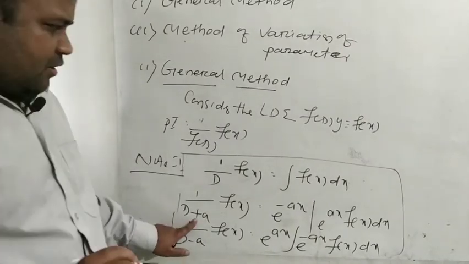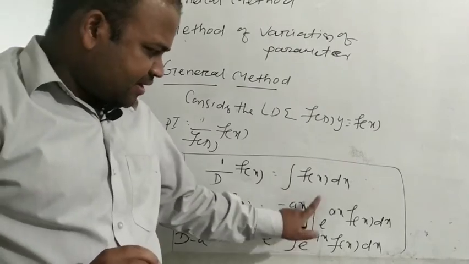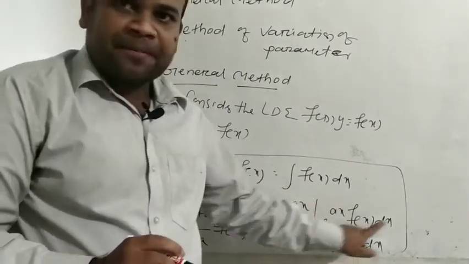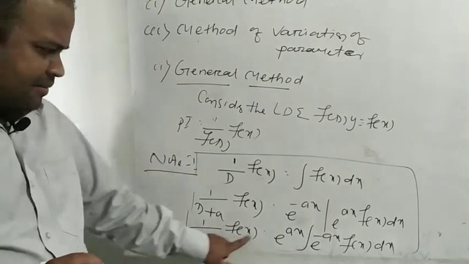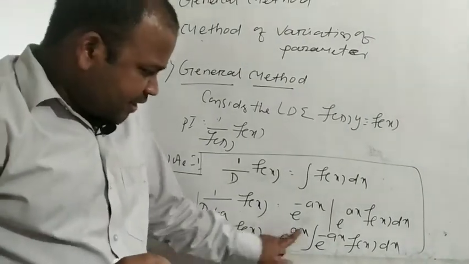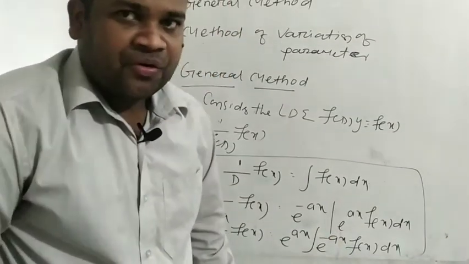For plus a, it starts with e^(-ax), integration of e^(ax) f(x) dx, and for minus a, it starts with e^(ax), integration of e^(-ax) f(x) dx.